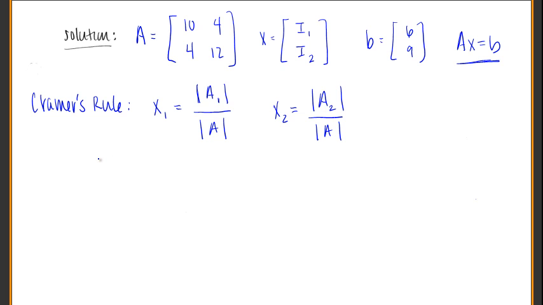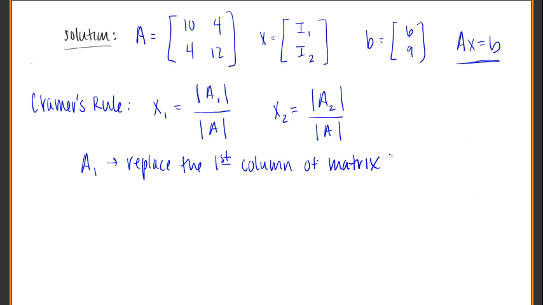Okay? So basically how you find, let's say, A1, since it's A1, we're going to replace the first column of matrix A with our solution matrix, so with B up above.